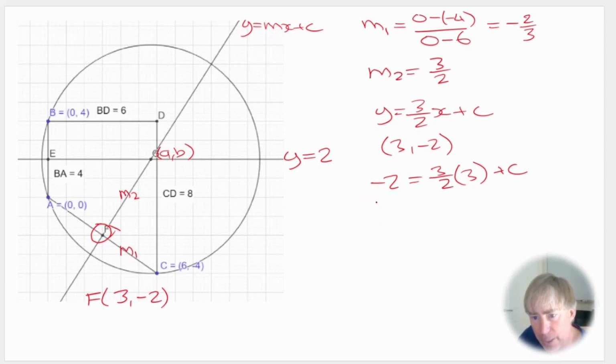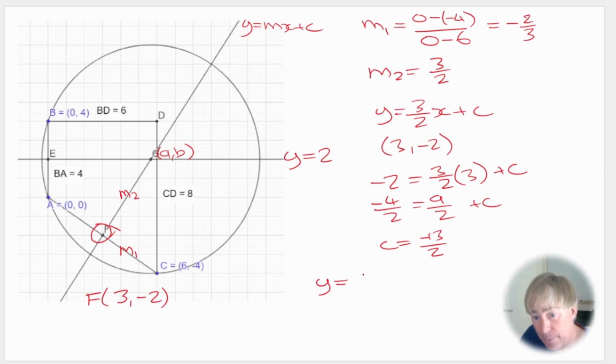If I simplify that, I'm going to end up with negative 4 over 2 equals 9 over 2 plus c. So c is going to be equal to, subtract 9 over 2 from both sides, I end up with negative 13 over 2. Okay, so a little bit awkward.